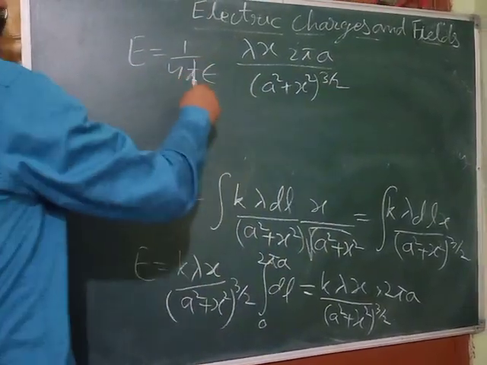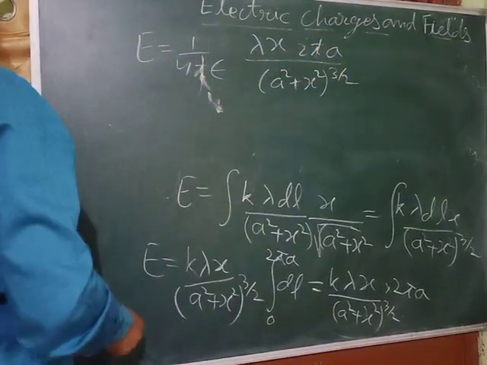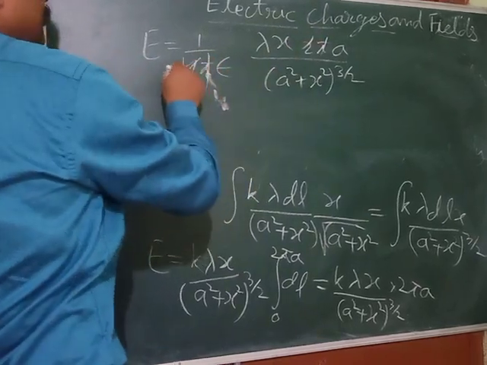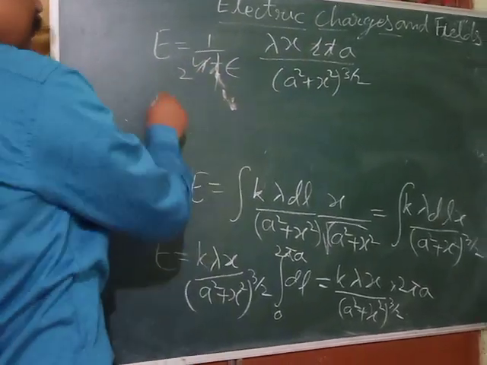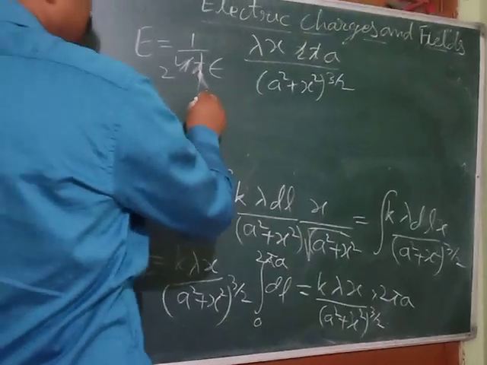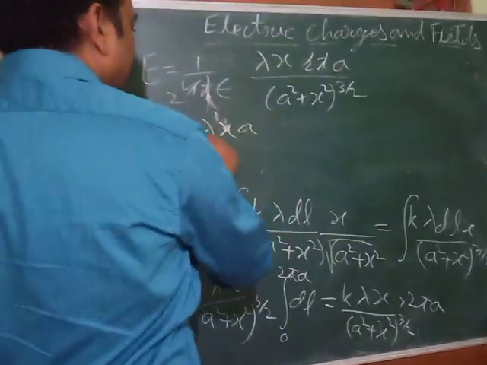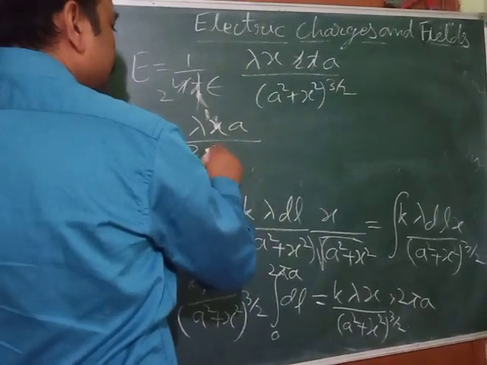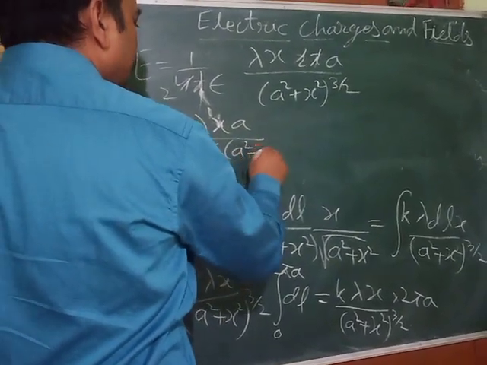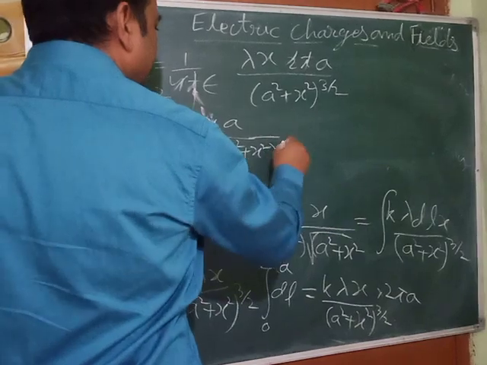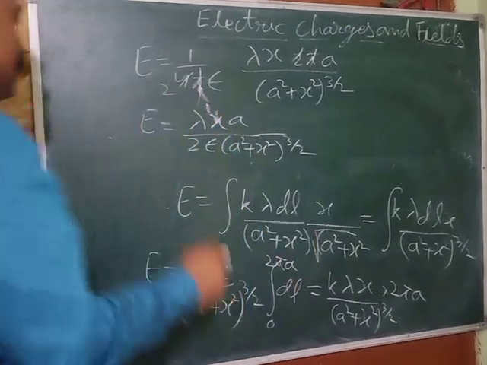From here, can we cancel pi? Can we cancel this 2? We can cancel this 4 and we will get 2. So we are left with E is equal to lambda x a upon 2 epsilon (a square plus x square) to the power 3 by 2. This we get.